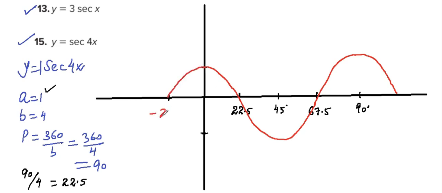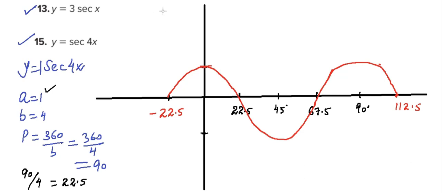So this is minus 22.5, and now we can draw the asymptote. If you want to show, this is 112.5 because we are adding 22.5 each time. Now draw the asymptote. This curve is a little bit large. Let me make this a little bit down because it is going above 1, and it should be in this range.